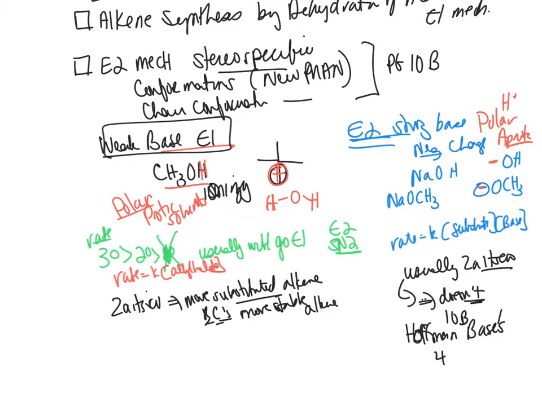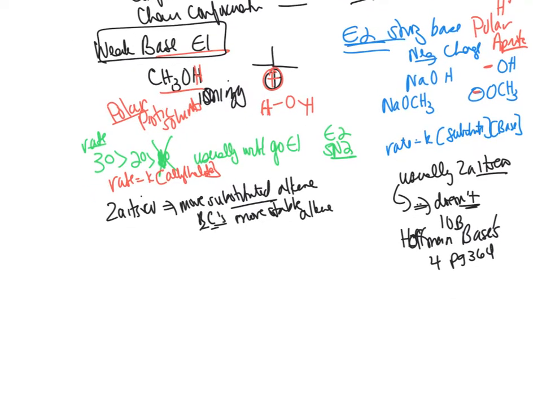Okay, Hofmann product, the least substituted alkene product, is page 364. So let's turn to page 364. Yes. So page 364, your Hofmann bases include tert-butoxide. So a lot of times you'll see it like that.